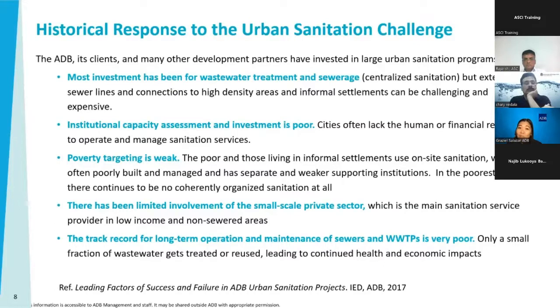So what needs to change? With this, the government and their development partners need to radically rethink their approach and investment priorities for sanitation. There should be focus on adequate and reliable sanitation infrastructure and more sanitation services for all. Next slide, please.